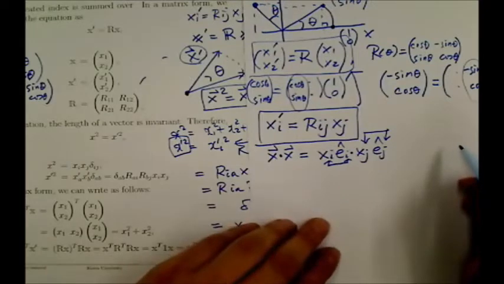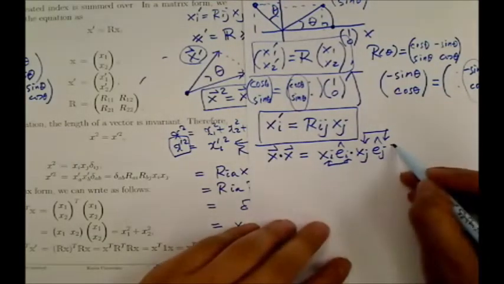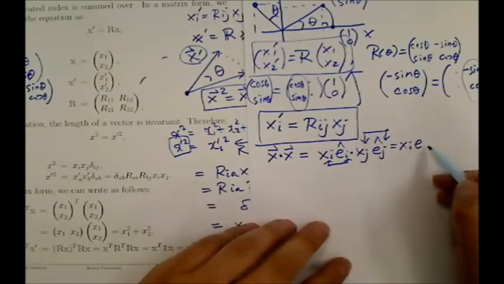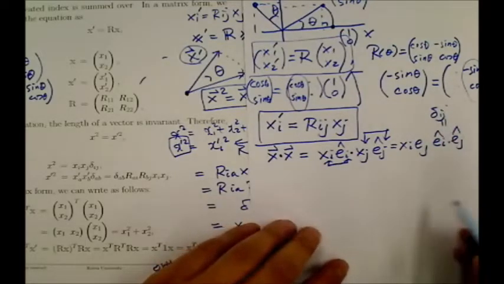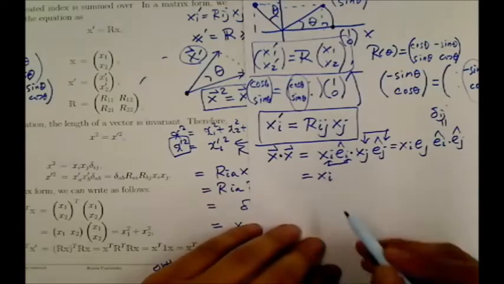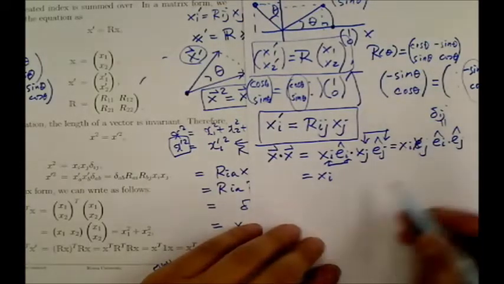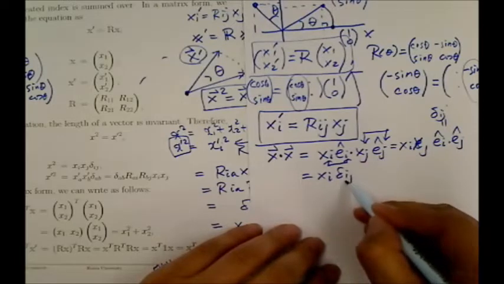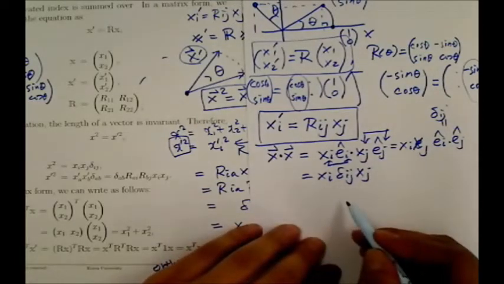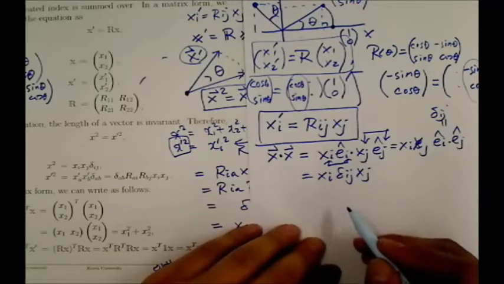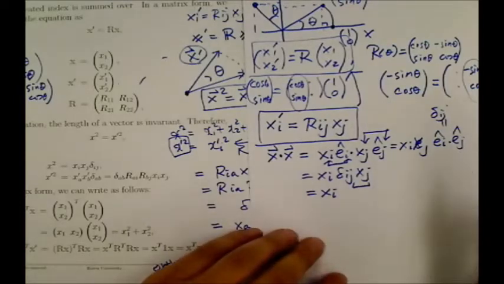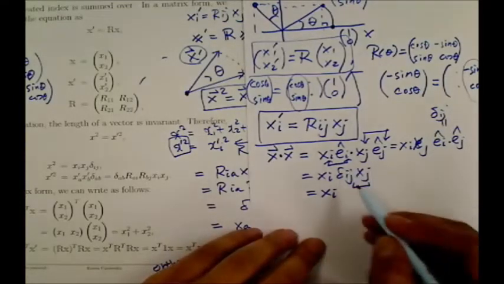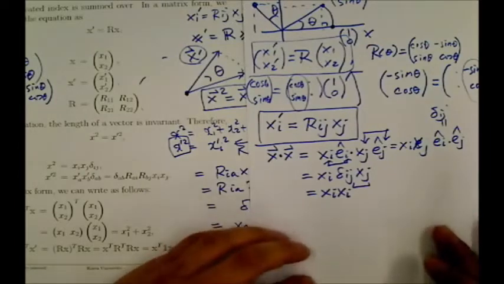This is very important. Then this is xi, xj, and ei hat dot ej hat. And we know that this is Kronecker delta. Therefore, it is xi delta ij xj. Or I can combine these two indices together because of Kronecker delta. It becomes xi xi.